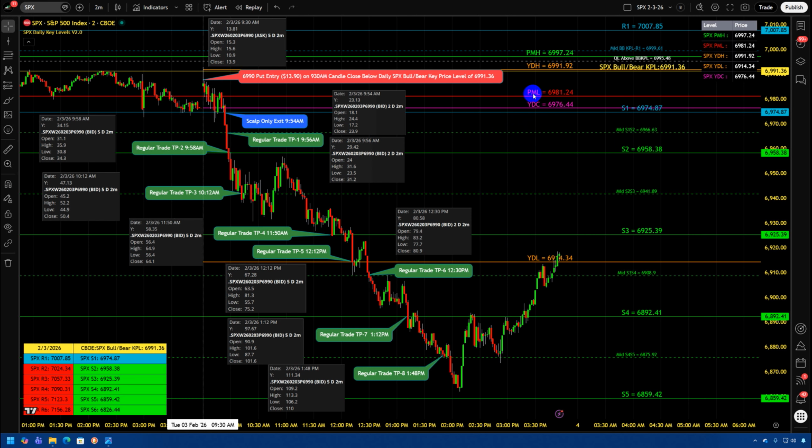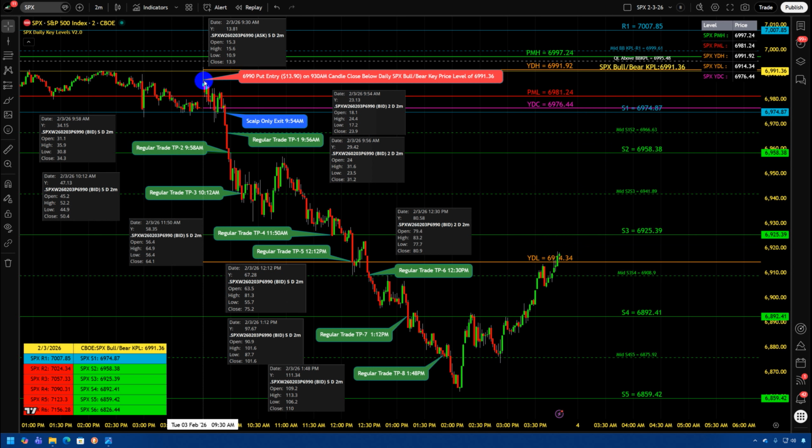So any of these levels, the PMH, the PML, the YDC, the YDH, and the YDL, that happen to be in the direction of your trade and they occur beyond the 1.5 level move threshold in the direction of your trade, those also count as additional waypoints for decision making in managing your trade past the 1.5 level minimum threshold move. In this particular session, only on bearish trades from the bull bear KPL is there one level that would qualify for that, and that is yesterday's daily low.